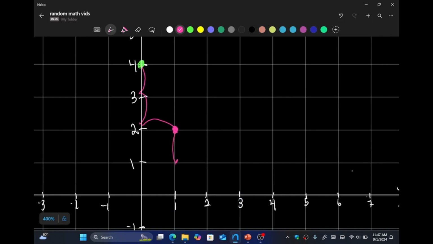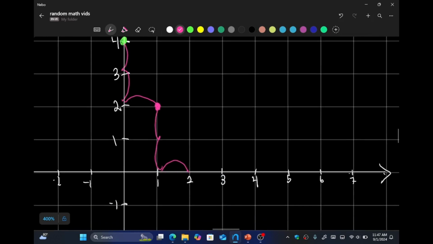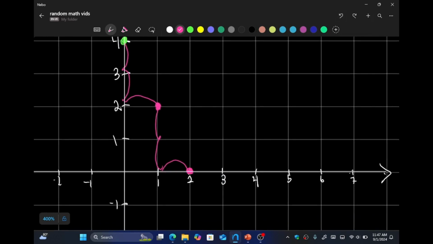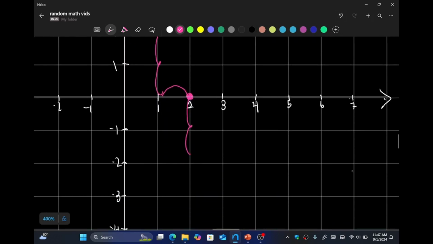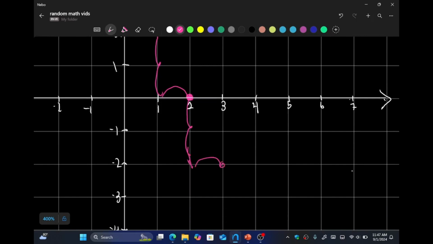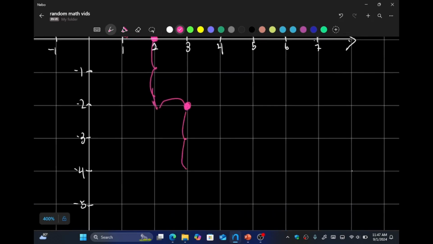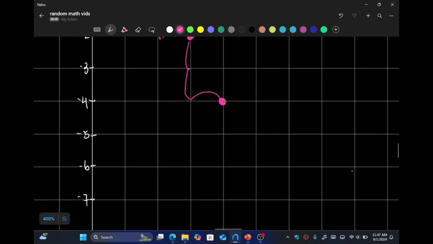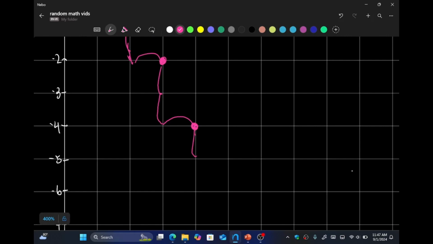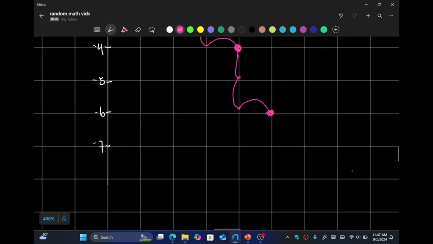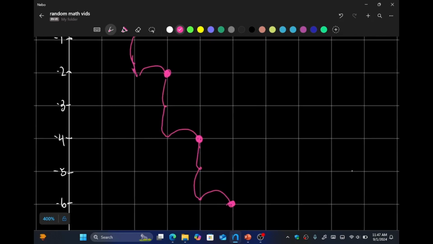And then down 2 to the right 1 unit. And then again, down 2 to the right 1 unit. And then again, down 2 to the right 1 unit. So you want to make sure you try and go all the way, and then down 2 to the right 1 unit. And then I believe that'll be it for that.